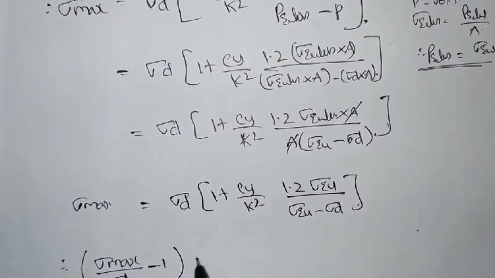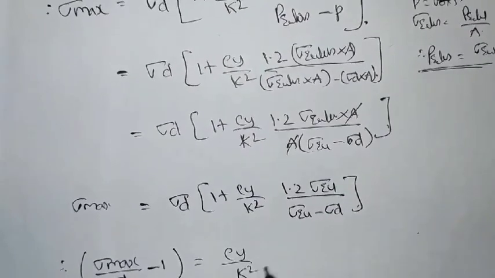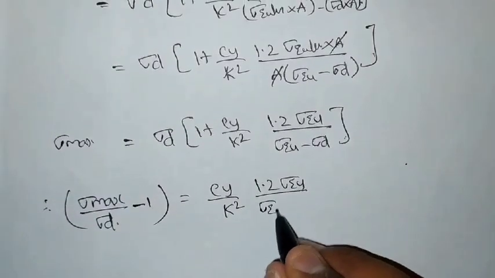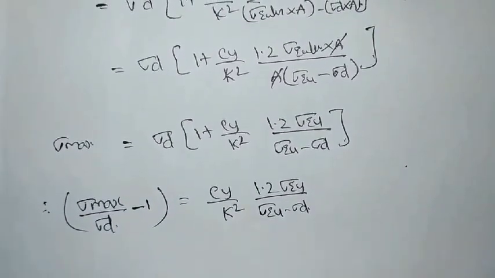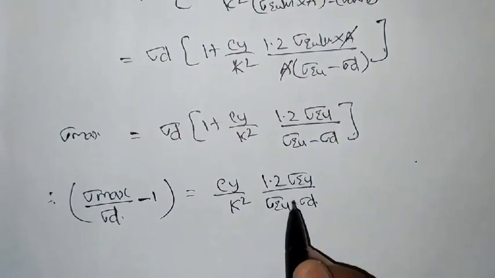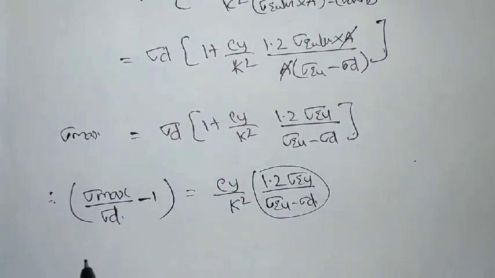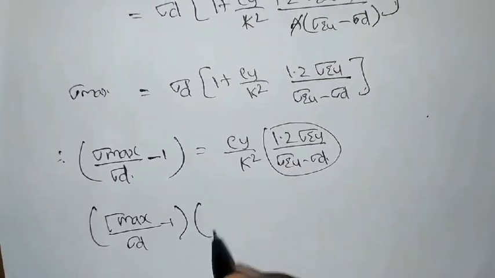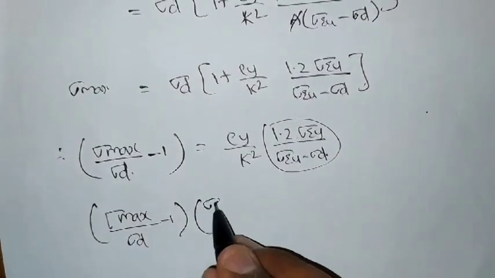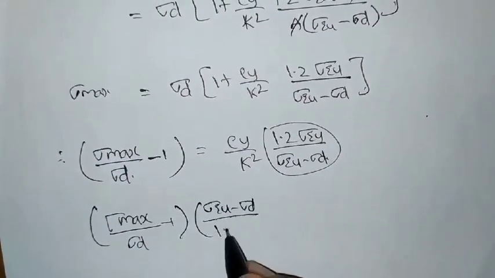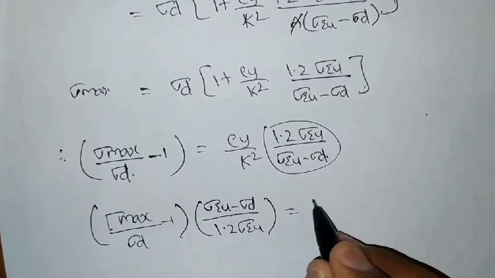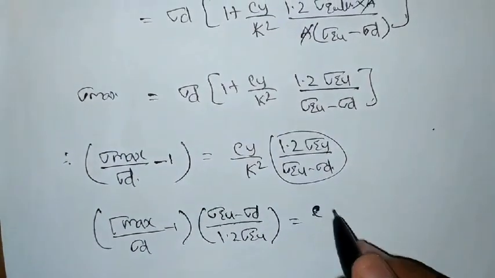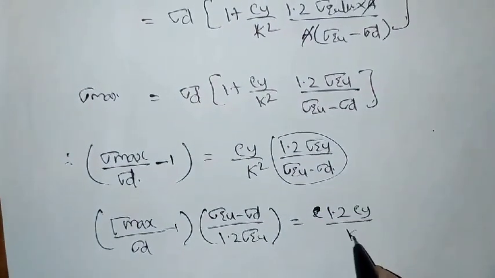Sigma max by sigma d minus 1 is equal to Ey by k square, 1.2 sigma Euler's divided by sigma Euler's minus sigma d. And from this, if I take this term to the other side, it will come reciprocally: sigma max by sigma d minus 1 into sigma Euler's minus sigma d by 1.2 sigma Euler's is equal to Ey by k square.